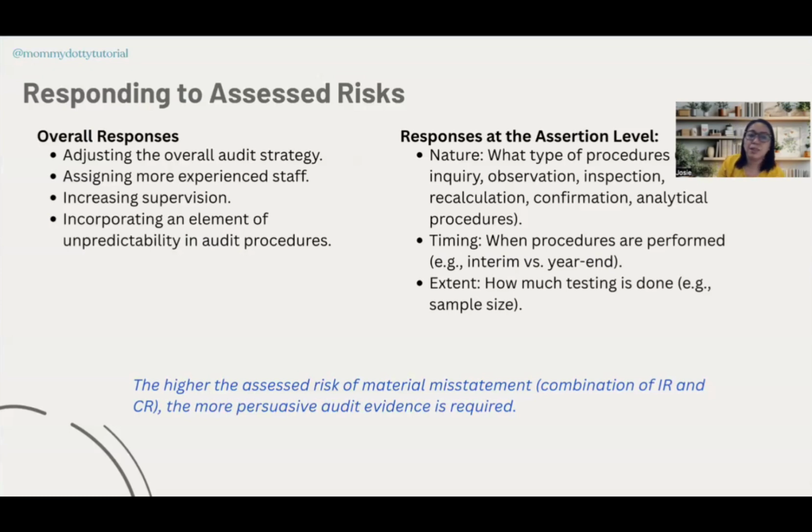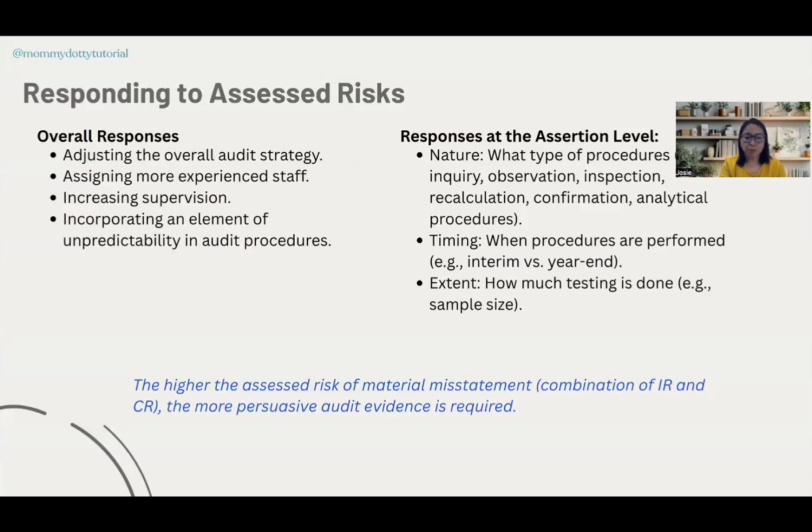So that's the one that you need to plan and make a decision on, so that when you do the assessment of the detection risk of all these risks, you can accept the lowest possible audit risk.